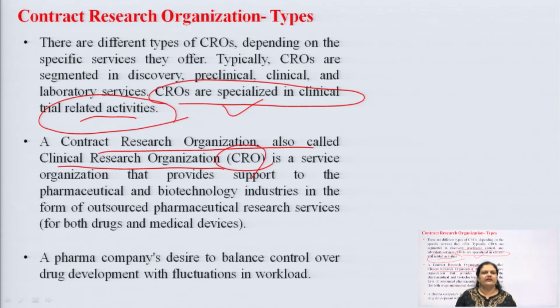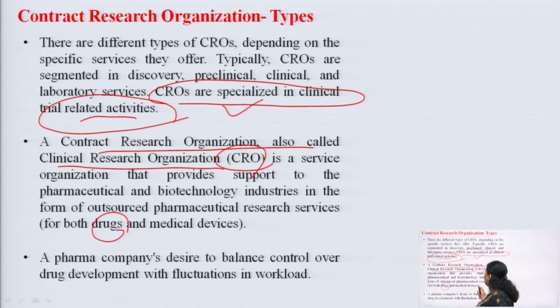So, a clinical research organization is a service organization that provides support to the pharmaceutical industry as well as biotechnological industries in the form of outsourcing pharmaceutical research for drug development procedures in the drug discovery pathway, for both drugs as well as medical devices.